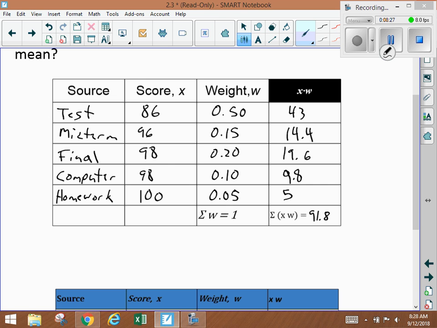And indeed, it is 91.8. And we're dividing by 1, so we just leave it like that. So the new grade is a 91.8. What was it before? 88. And you went from a B to an A. Come on, teacher, double check that stuff. It's important.